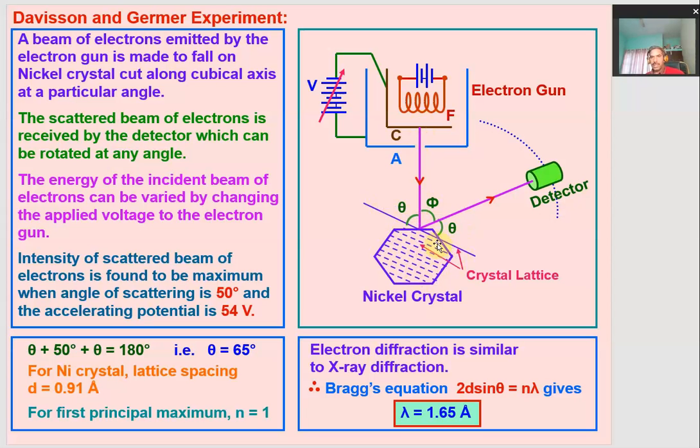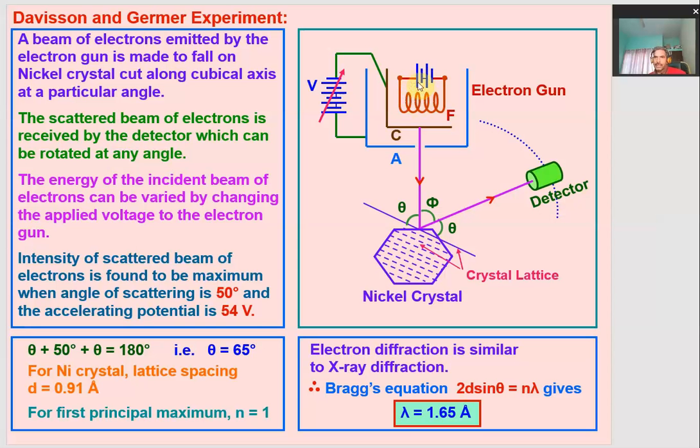From the planes of this crystal lattice, the electron beam is getting scattered, or we can say diffracted, in all directions. These scattered electron beams are received by a detector which can rotate at any angle in order to receive them. The energy of the electrons emitted from this electron gun can be increased by increasing the potential here. So this is the accelerating potential.